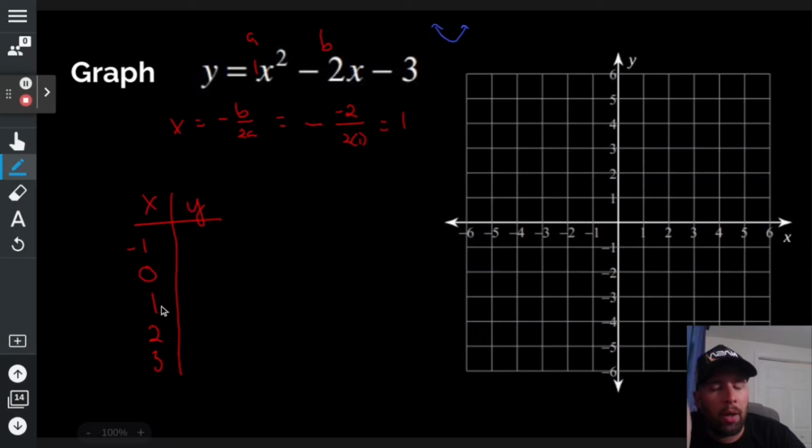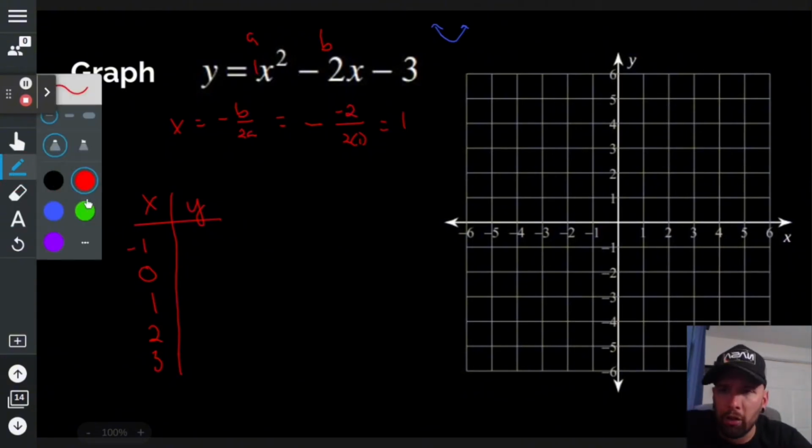So knowing that 1 is my middle, let's plug it in. The numbers aren't that bad. So I'll show you how to do it once, but everything from here on out is just going to be mental math.